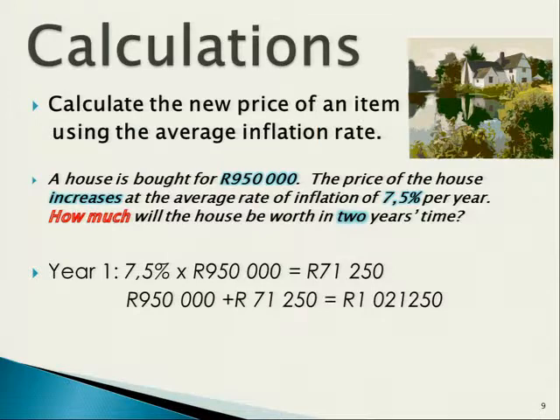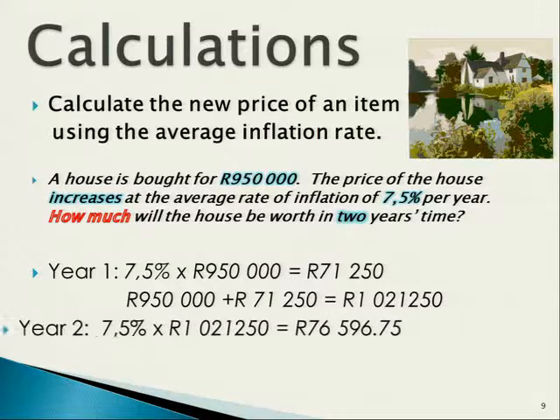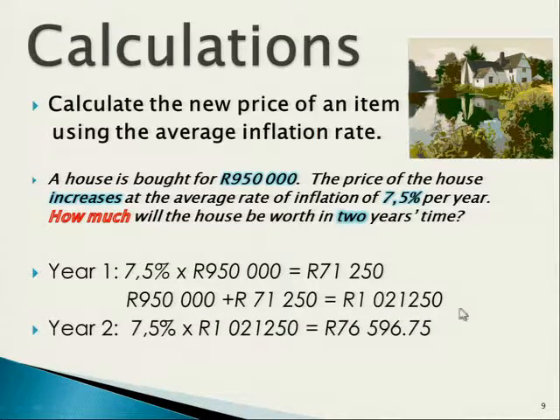Then I have to repeat the same with the second year. And now this is the catching point, because the 7.5% is not calculated on the original 950. Remember, it is a year later. The house is now worth more than it was originally.